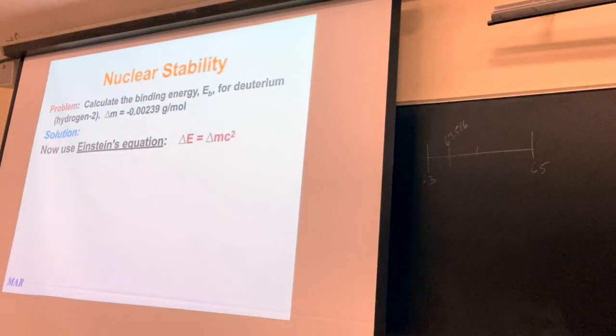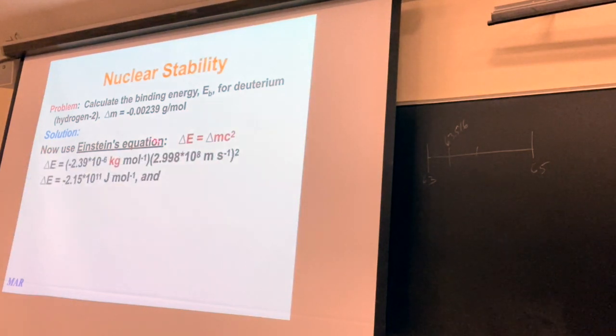So thank heavens, Einstein came to the rescue. And Einstein's E equals mc squared, or the full version, delta E equals delta m c squared, we can use to figure out this energy. So let's take that little delta m on the last slide, which was in grams per mole, and I need to turn it into kilograms.